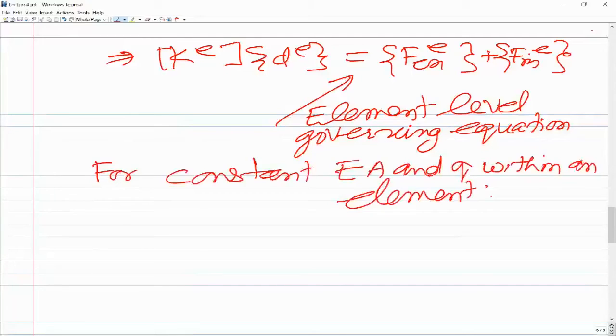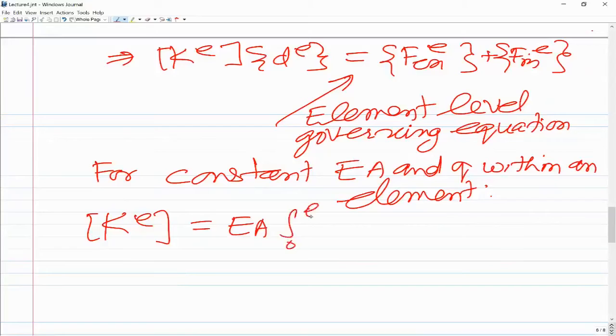If you look at the element level stiffness matrix Ke, since EA is constant within the element, although it can be a function of capital X, if it is constant we can take that out of the integration sign, so it would be EA integration 0 to L, and then we have B transpose into B dx.